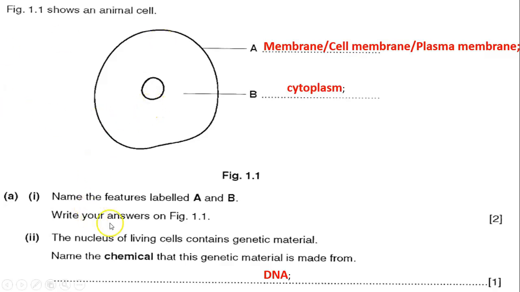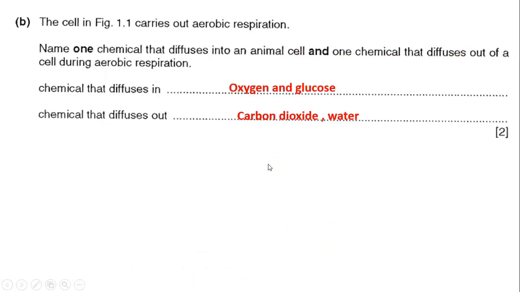The nucleus of living cells contains genetic material. Name the chemical that this genetic material is made from. It's DNA, of course. And now the cell in figure 1.1 carries out aerobic respiration. Remember, this term is very important, aerobic respiration.